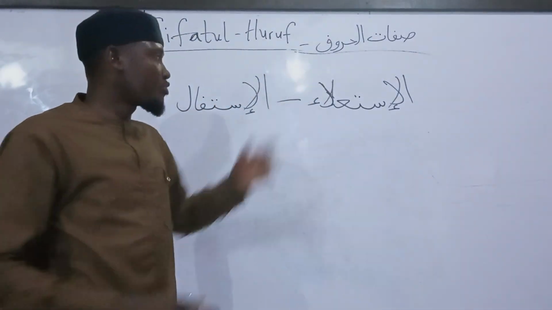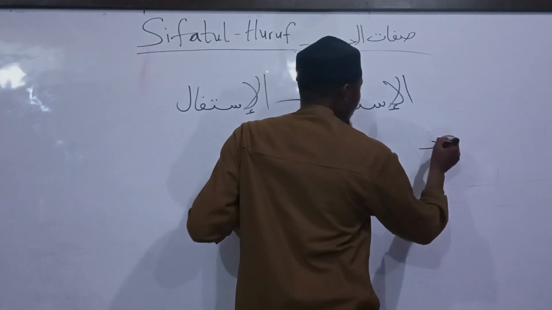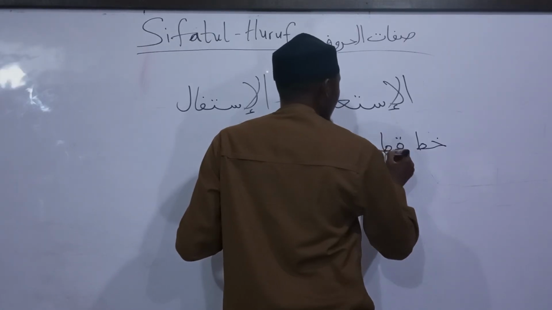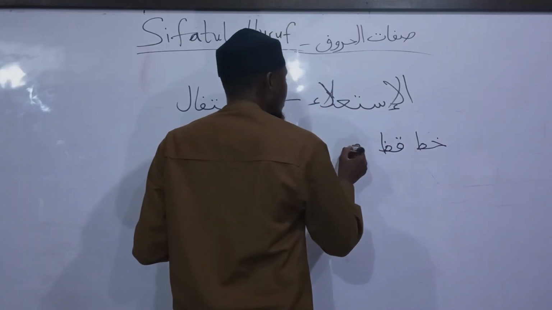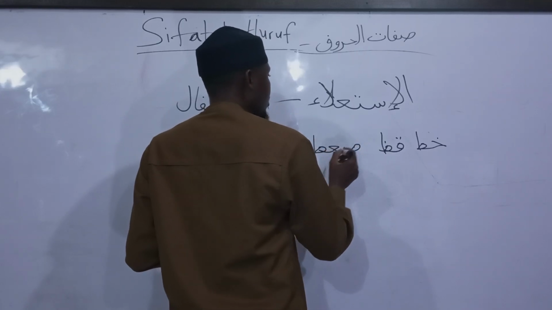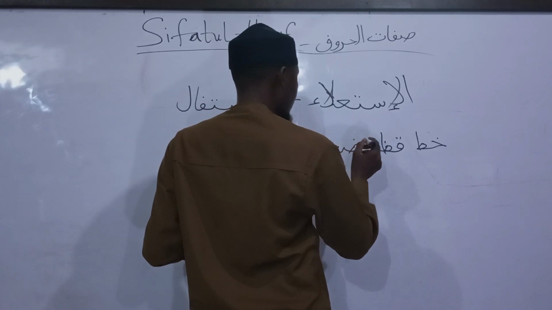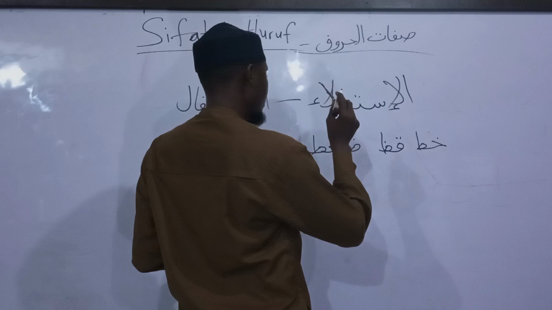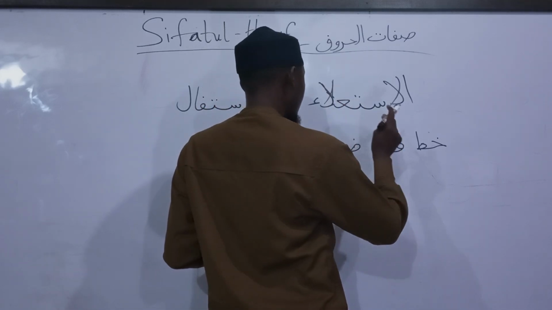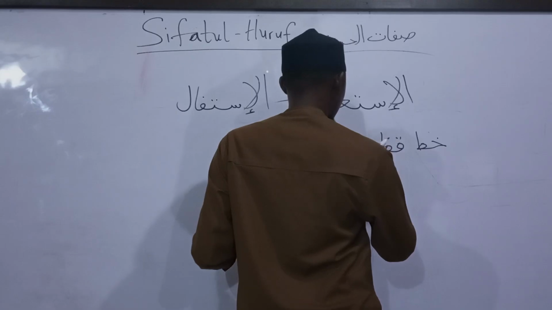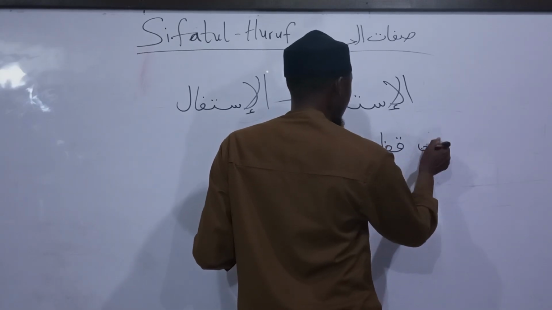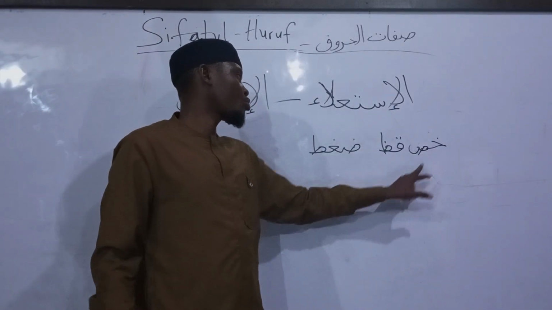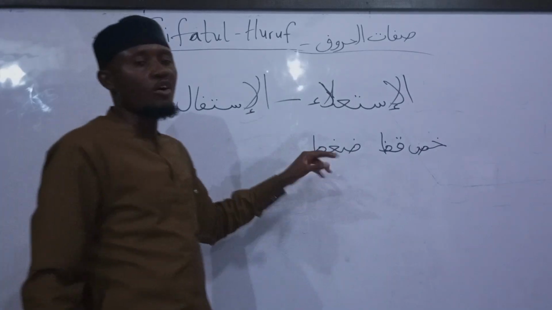And the letters that have this attribute, we've talked about them before. So these are the letters that have the attribute of isti'la: Kha, Sad, Qaf, Za, Dad, Ghain, Ta.